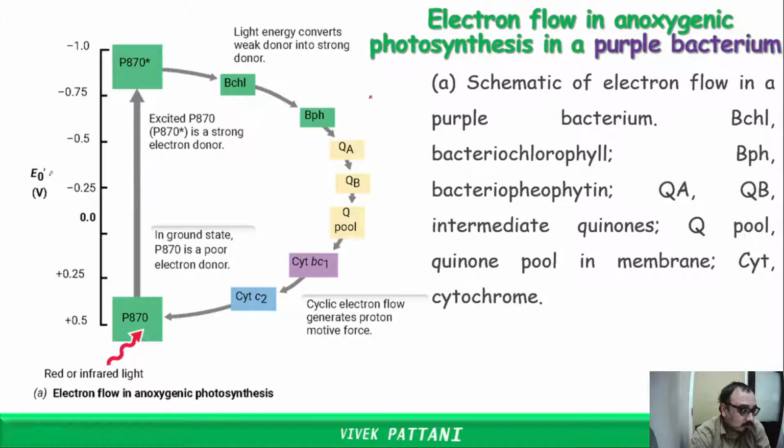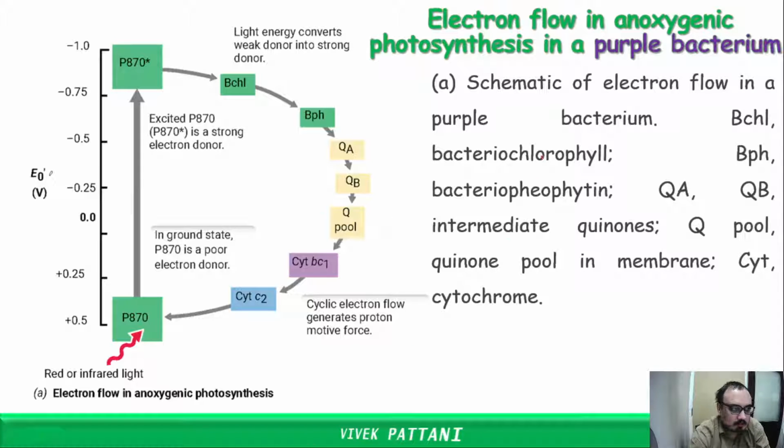Now moving further, in the case of anoxygenic bacterial photosynthesis, the anoxygenic bacteria contain only one photosystem, which is different from the other ones.